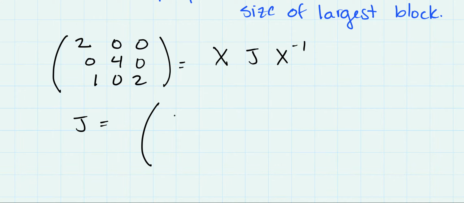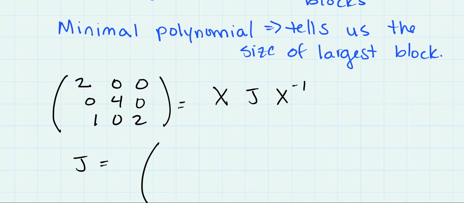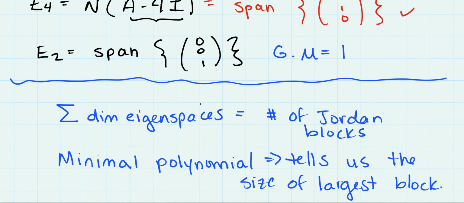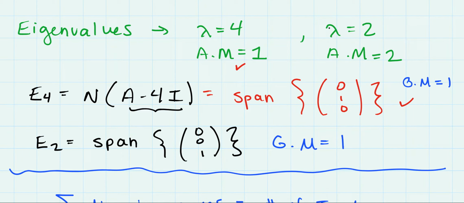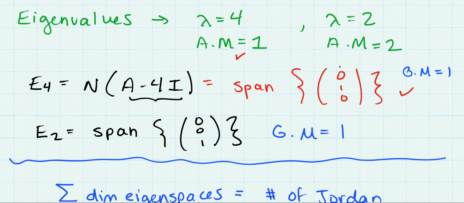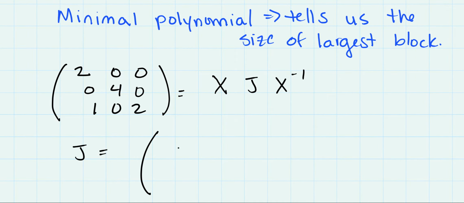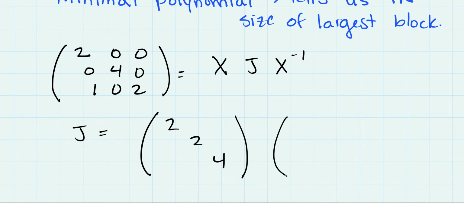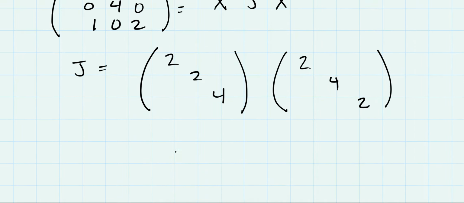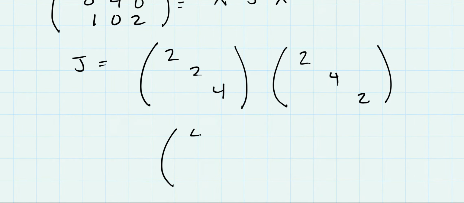So here's what could happen. Remember, there are 2 eigenvalues and one of them is repeated. The 2 is the one that's repeated. So we could have 2, 2, 4. Or we could have 2, 4, 2. Or we could have 4, 2, 2.